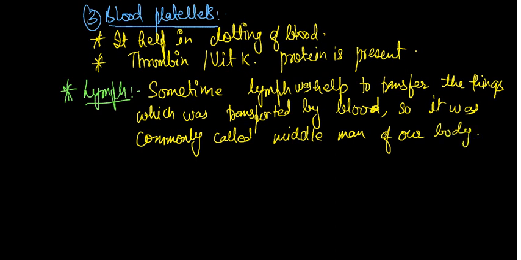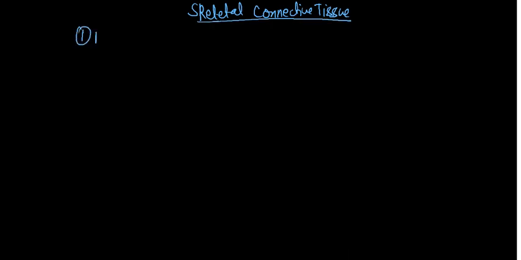Okay. In the next slide we have to start skeletal connective tissue, that is bone and cartilage. In skeletal connective tissue, the first thing is called what? Bone.